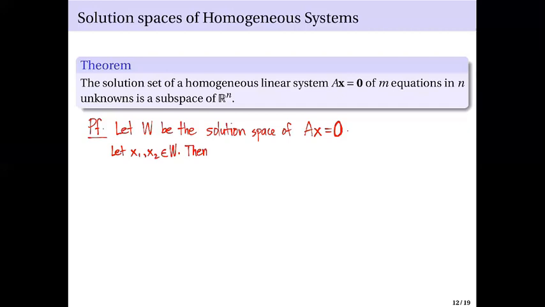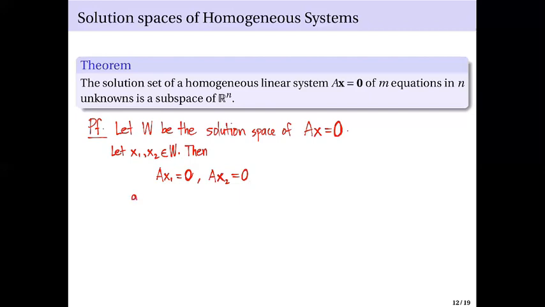Then Ax1 equals 0, Ax2 is also 0, because x1, x2 are inside the solution space. So they must solve this equation.